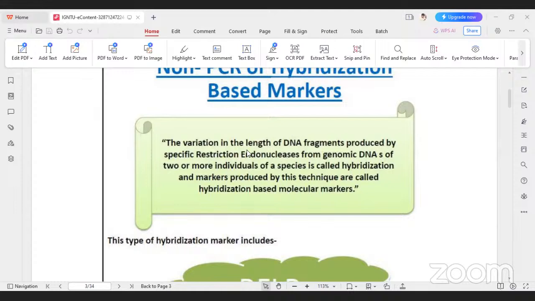That means the variation in the length of the DNA fragments produced by a specific restriction endonuclease, for example from the genomic DNA of two or more individuals, with the same restriction endonuclease.